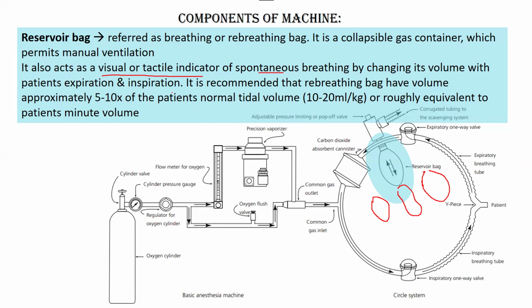So it will change its volume with patient's inspiration and expiration. It is recommended that the rebreathing bag have a volume of approximately 5 to 10 times the patient's normal tidal volume, or roughly equivalent to patient's minute volume. That is not an important thing to remember so far, but it should be 5 to 10x of patient's normal tidal volume.